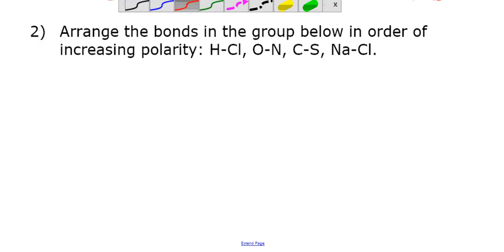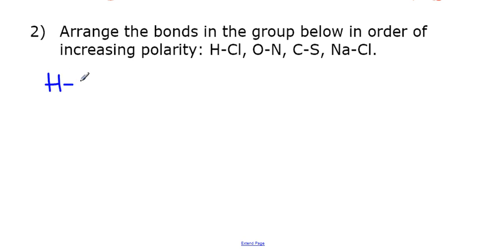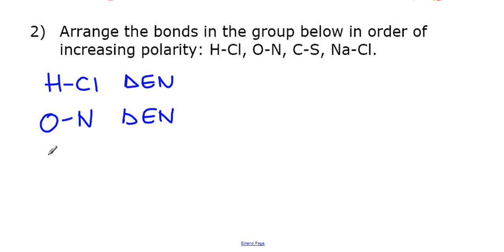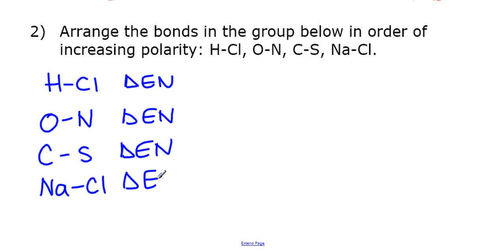So to answer this question, what you want to do is find out what the electronegativity difference is for each of these four pairs of atoms and how they share electrons. So at this point, pause your video, see if you can calculate the electronegativity difference, and then rank them from most to least.